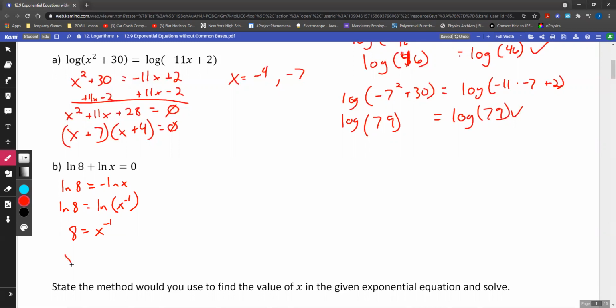I can move the exponent onto the other side. And I get x equals 1 over 8, or some decimal. I think it's 0.125.